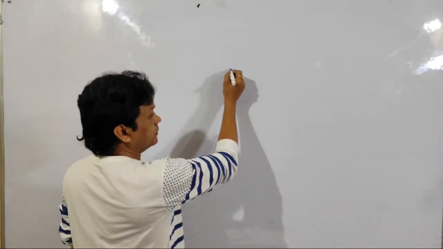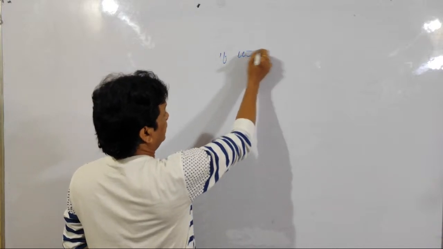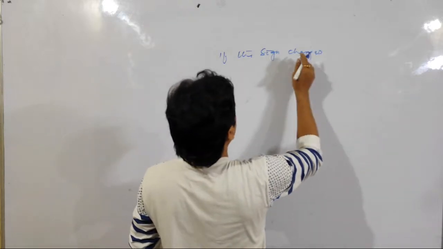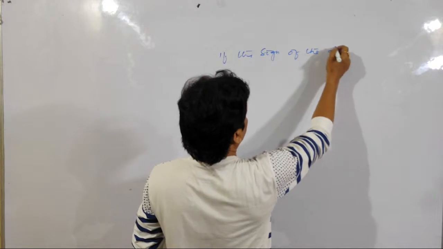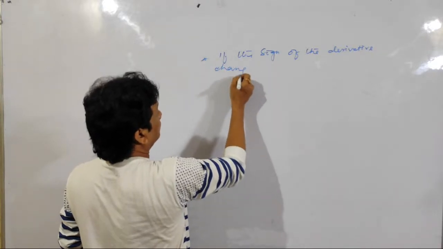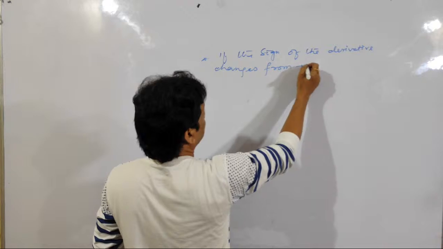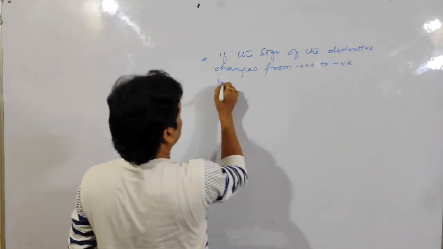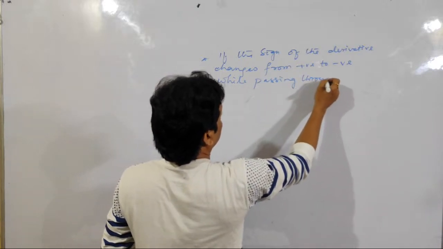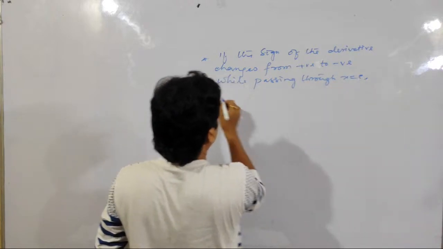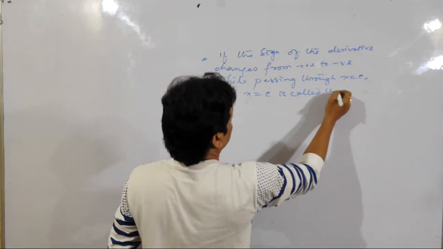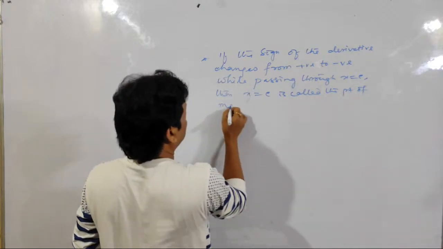If the sign of the derivative changes from positive to negative while passing through x is equal to c, then x is equal to c is called the point of maxima.